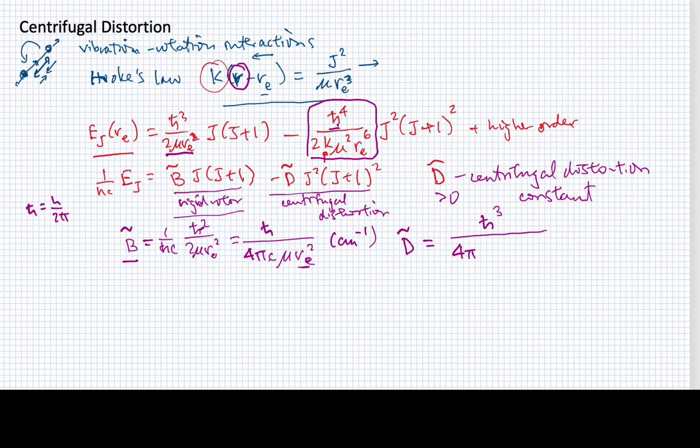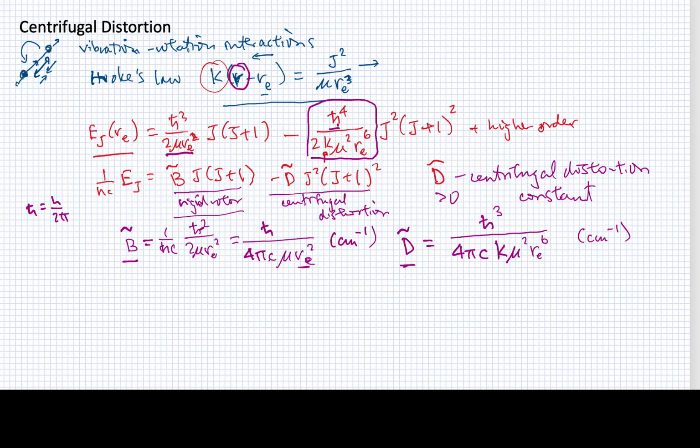That was part of the h bar that we canceled. We'll have the factor of c, and now we'll have k mu squared re to the 6th. Okay, so this will end up being our expression for this centrifugal distortion constant, and I'll note that it too is going to be in units of inverse centimeters.